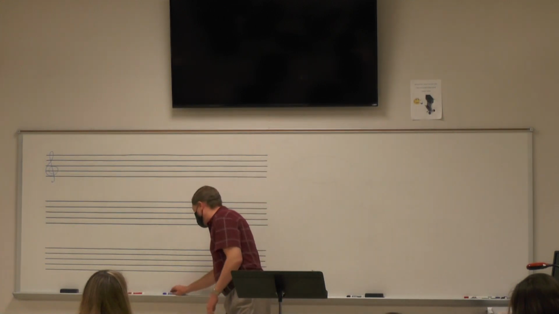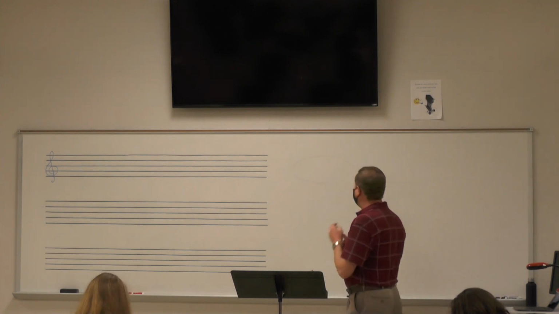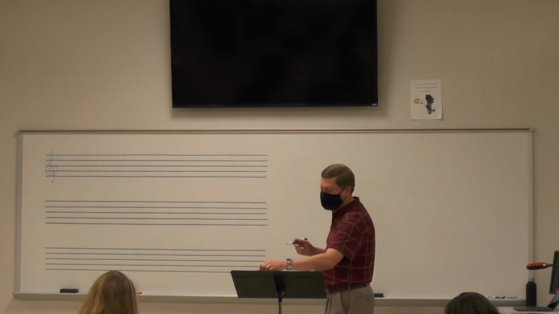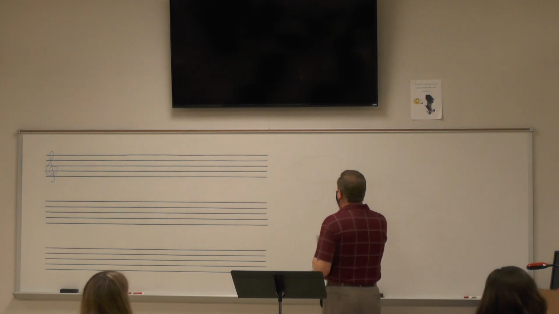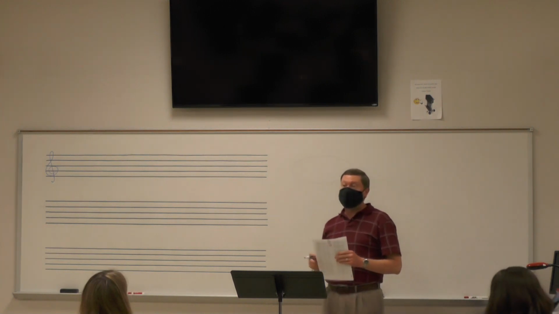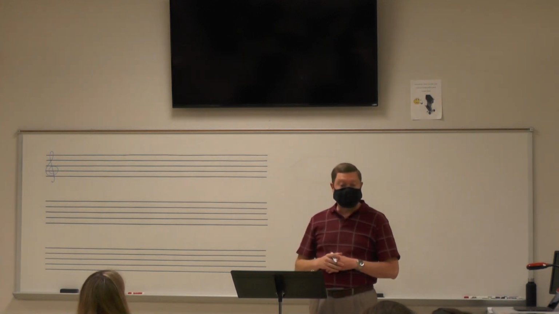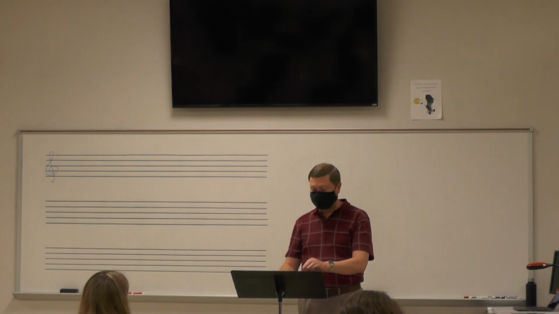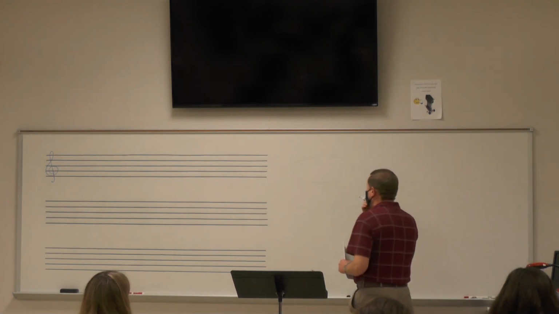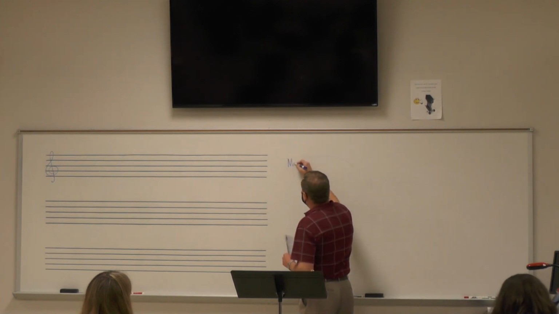Let's just quickly take a minute or two to cover some information that we talked about last class. Last class, we discovered what all of the triad types are when we build them on each scale degree of a major scale and a minor scale. And we use only the notes of the scale to build and generate those chords.